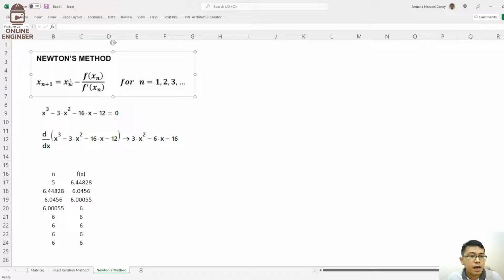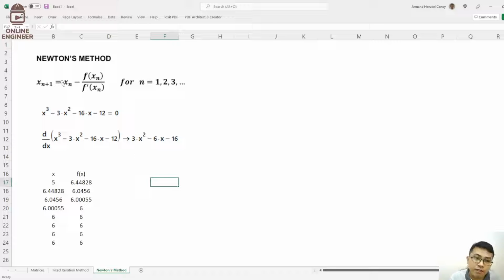So this is how Newton's method is presented. It says here that the next value of x, because we start with an initial value of x, okay? We start with an initial value of x that will be up to us. It's up to us what initial value we're going to use. So when we do shift solve in a calculator, that's the initial value that we input.